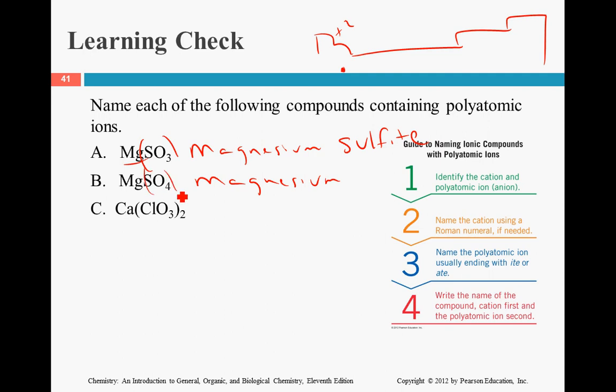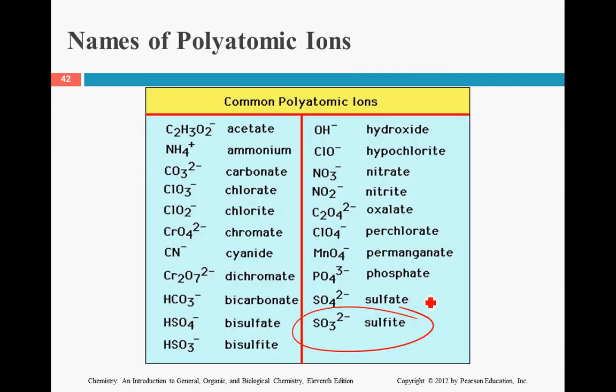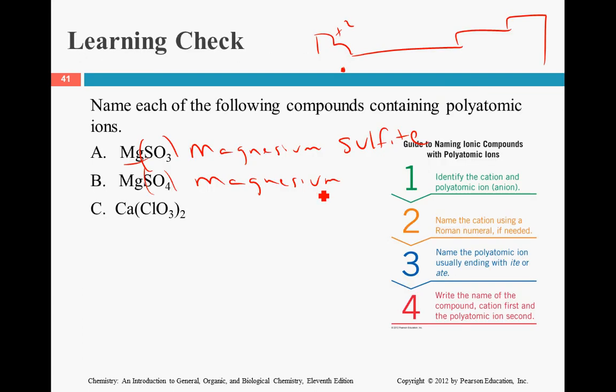Magnesium again. SO4 this time. SO4, sulfate. Notice the difference of one oxygen changed the word. Ca, calcium, is right here.